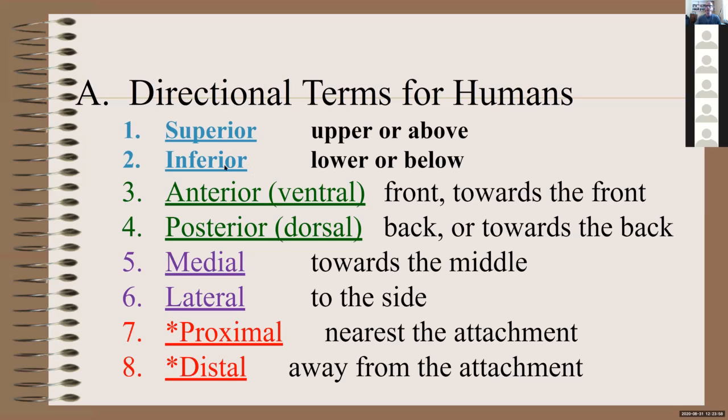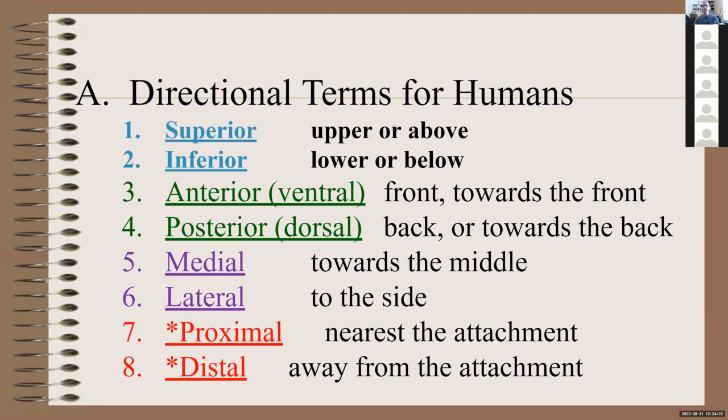Same thing with superior and inferior. When we dissect a sheep heart later in the year, you need to know these directions really well, because there are lots of different blood vessels you're going to have to identify, and I'll give you hints. I may say this blood vessel is superior to that blood vessel, and that's going to tell you a lot about where you should be looking.